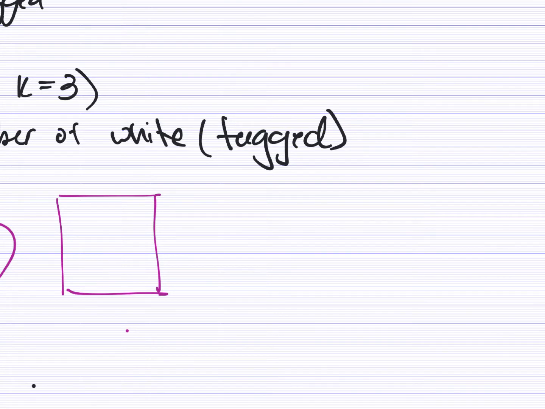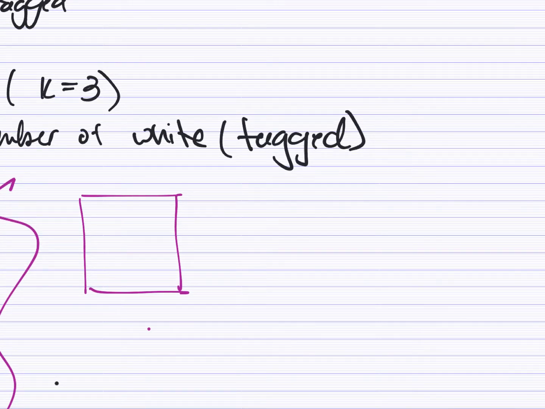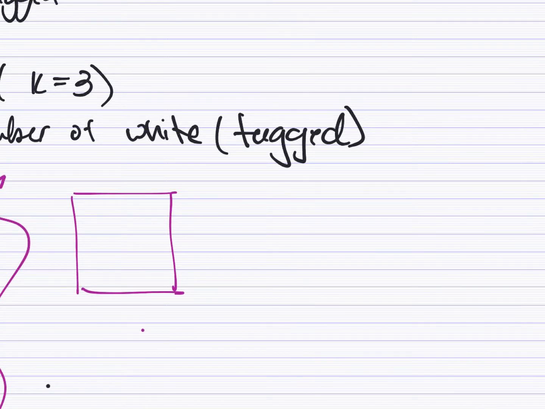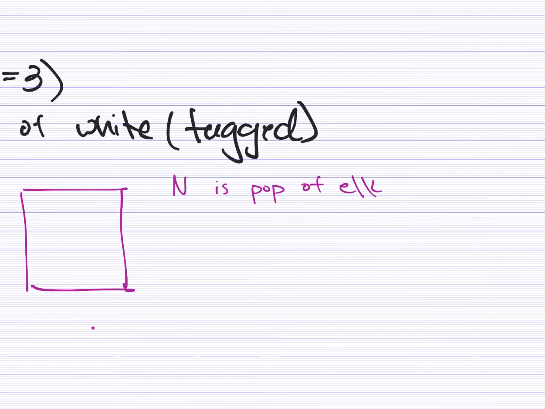Sometimes this scenario is framed not with balls or marbles in an urn, but in a population. Here's the scenario: you have some population, we'll say N is the population of elk, and we capture some of them.